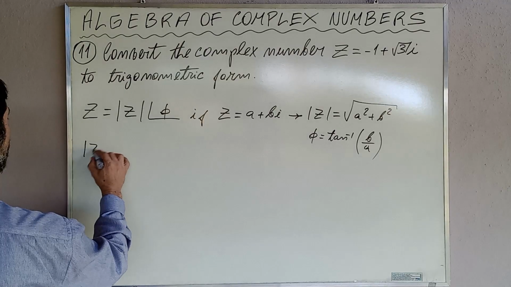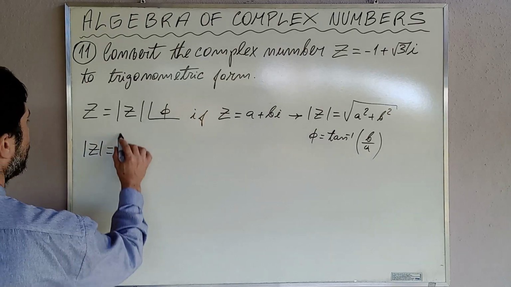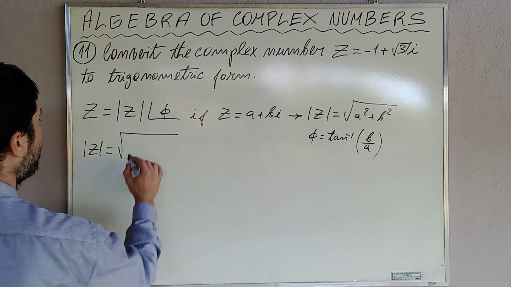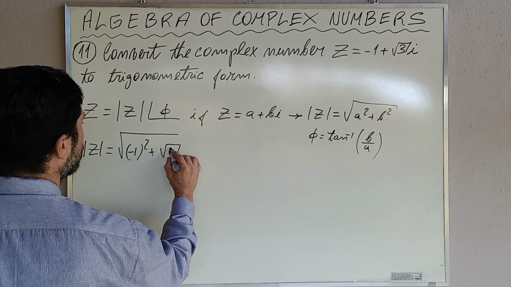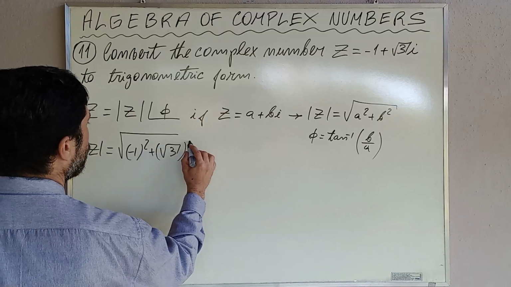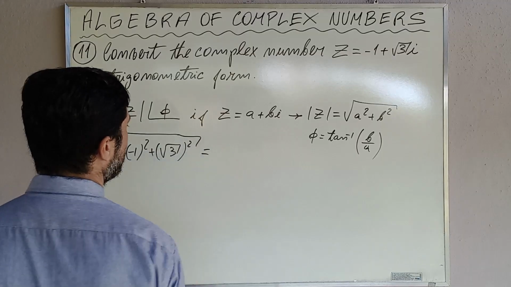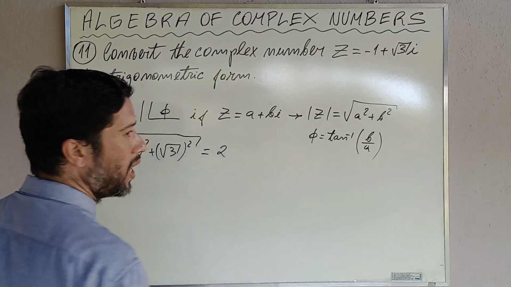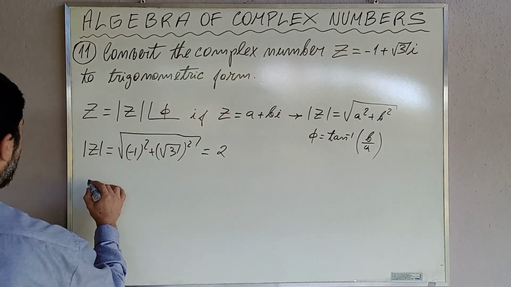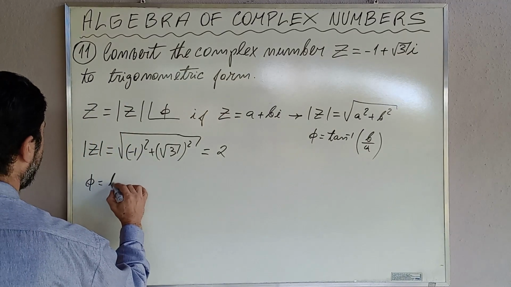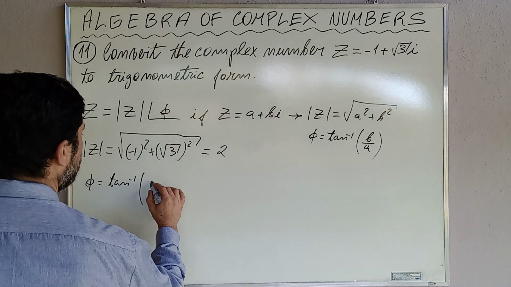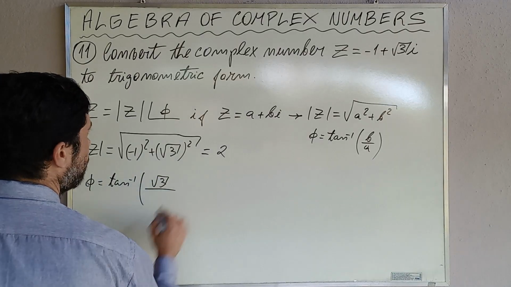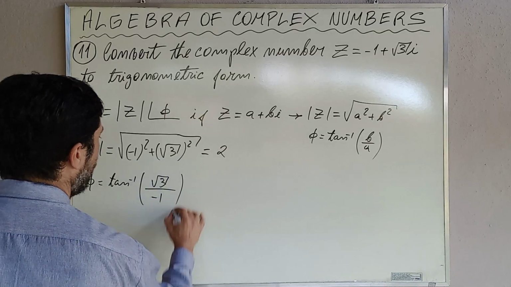The magnitude of the complex number is equal to the square root of -1 squared plus the square root of 3 squared, and this is equal to 2. How about the angle? Phi is the inverse tangent of the square root of 3 divided by -1.